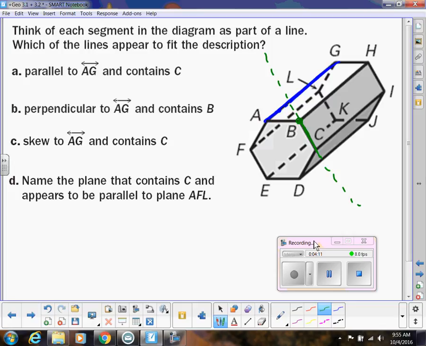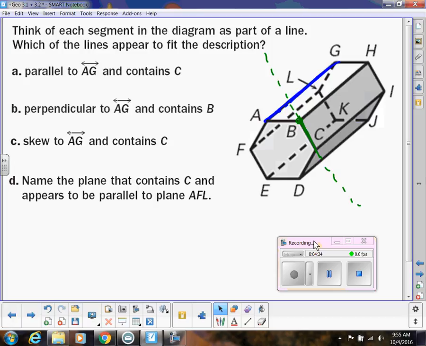These would never intersect, even though it looks like they're intersecting. You have to think three-dimensionally. Maybe we can do more of this in class so you can see some three-dimensional objects and what would be considered skew. These never intersect, but they're also not coplanar. I can't draw a plane like I could with the parallel one.